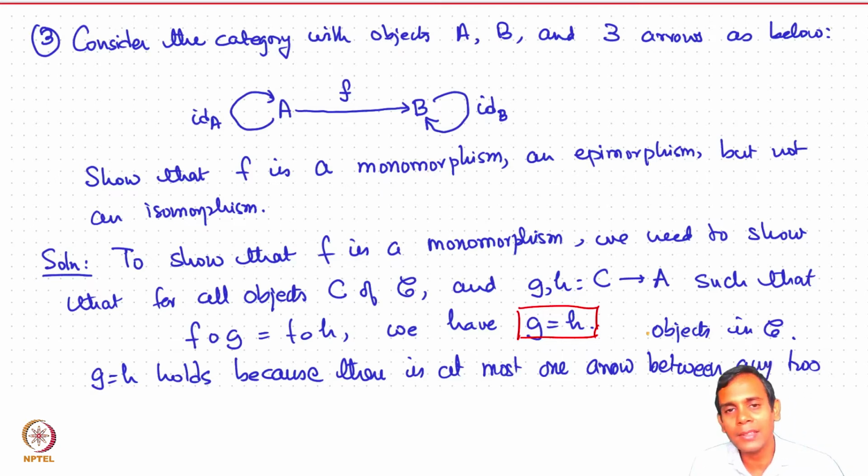So this again runs contrary to our intuition from set theory that if a function is injective and surjective, then by definition it's bijective, and so an arrow is an isomorphism if and only if it is an epimorphism and a monomorphism. But here we have an arrow that is both an epimorphism and a monomorphism, but not an isomorphism.